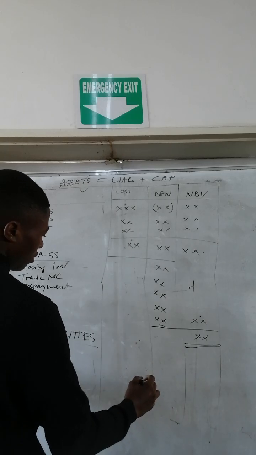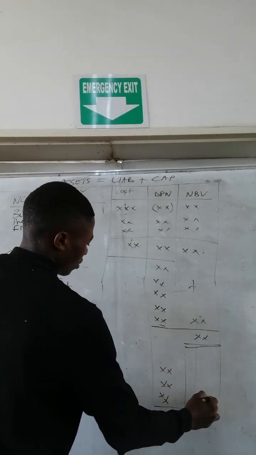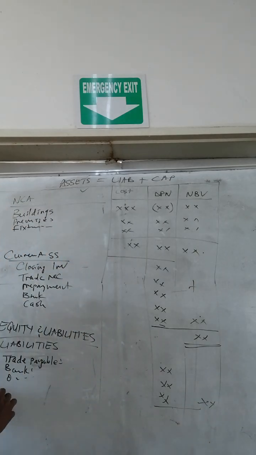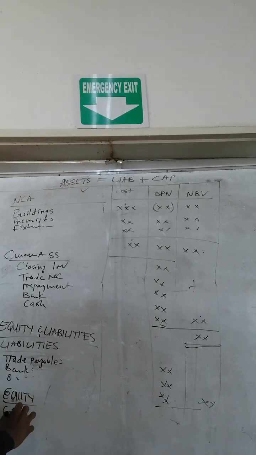We are going to record them on this one. Then the total is going on this one. Then we are going to equity. We start with capital, add net profit.